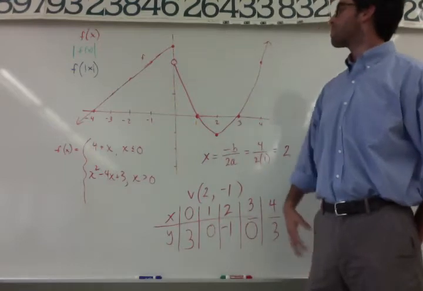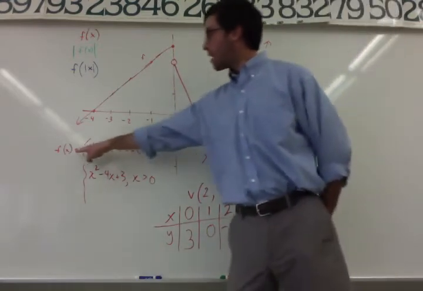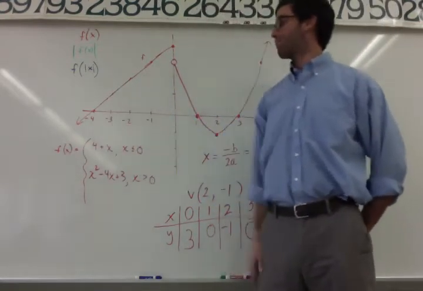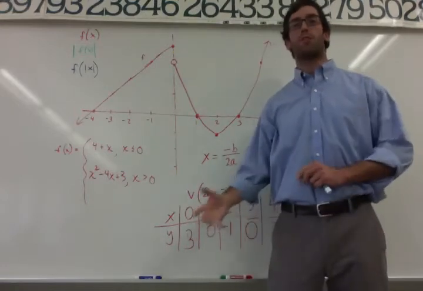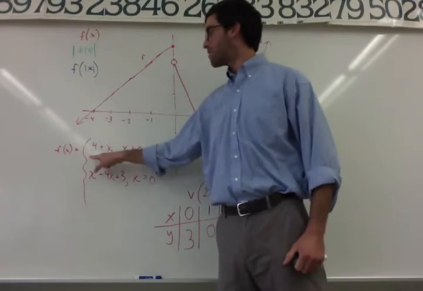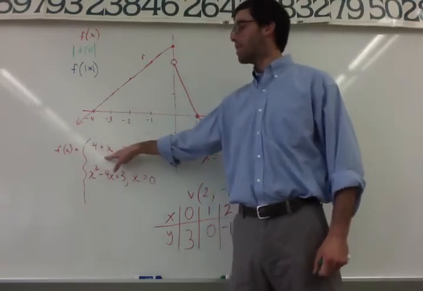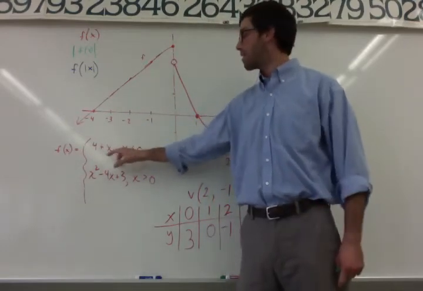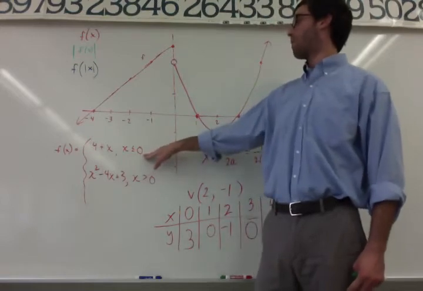But in this case, this is the kind of setup, the kind of notation you would see for a piecewise function. So one function, f of x, is defined by this linear function, x plus 4, or 4 plus x, where x is less than or equal to 0.